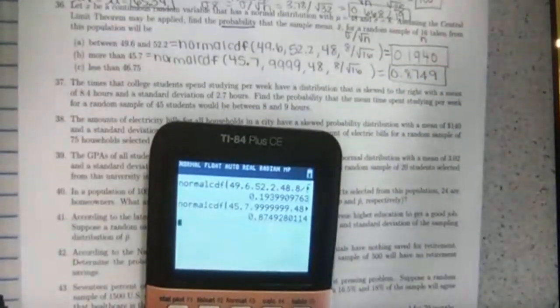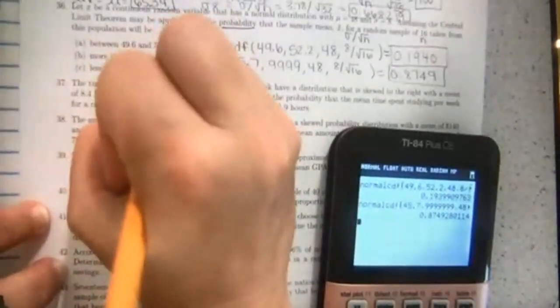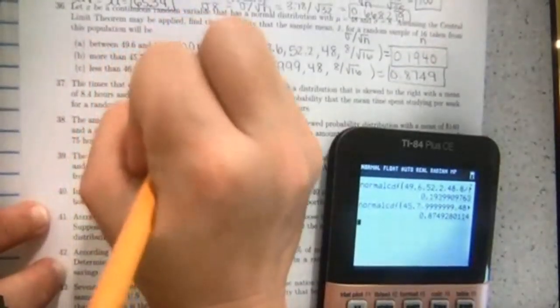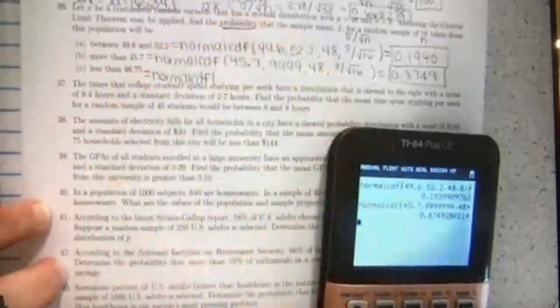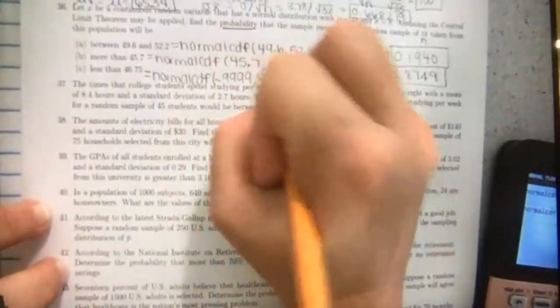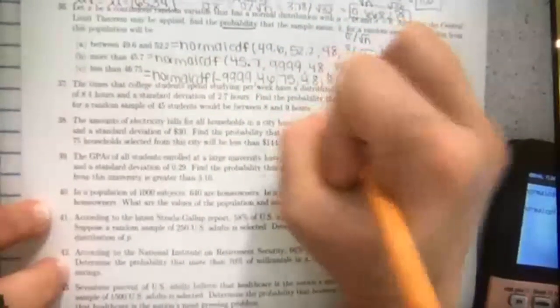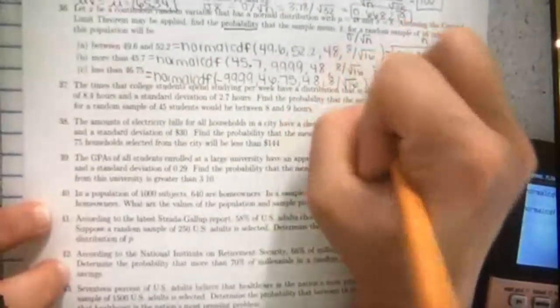Last one, it says less than 46.75. So less than means it's going to be a left tail test. So if I were to draw my picture, my normal CDF, my lower limit is going to be negative infinity, so negative 99999. My upper limit is going to be 46.75. My mean is going to be 48. My standard deviation is 8 divided by the square root of 16.